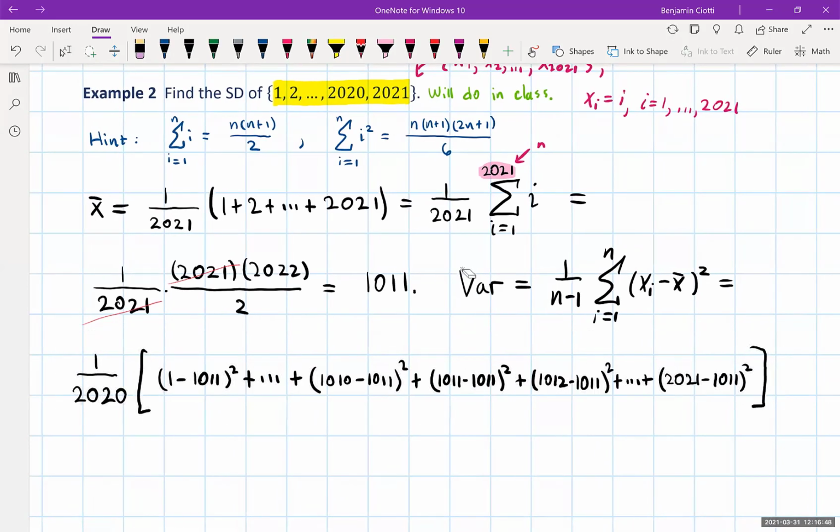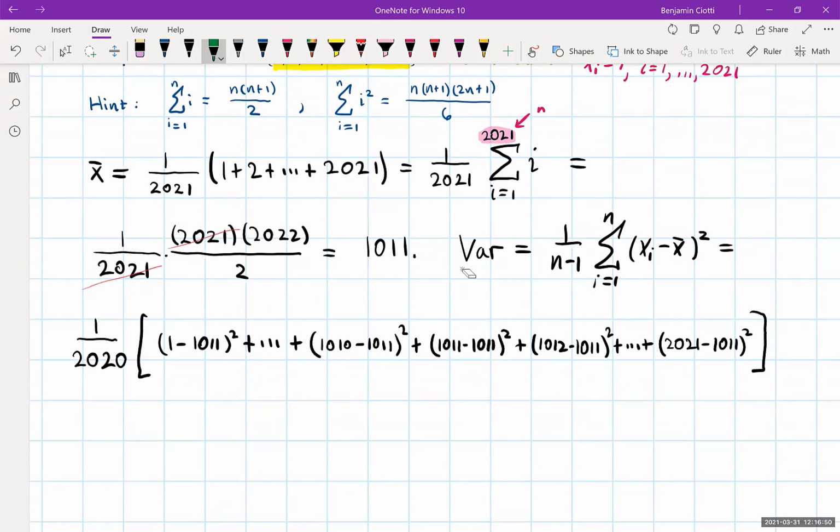Notice that the first term right here is 1010 squared.